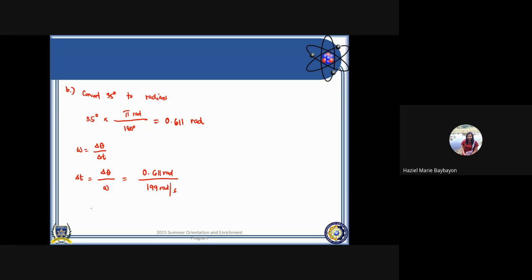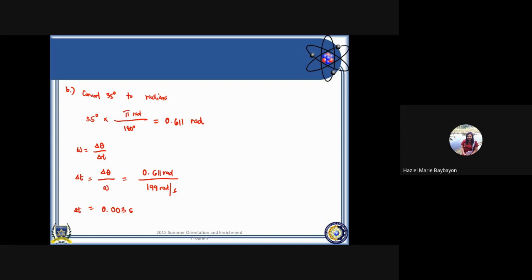Okay? So the time it took for the propeller to turn about 35 degrees is equal to ilan ni siya, class? Mga around 0.003 seconds.